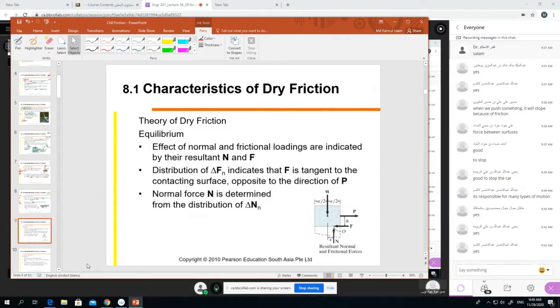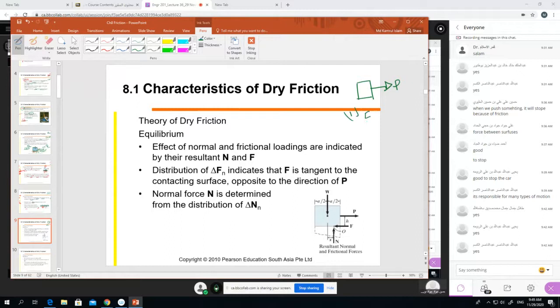Okay, then what is happening there? For equilibrium, there are three situations that can happen. If we are explaining a block and you want to push or pull it with some force P, then what will happen? Three things can happen.